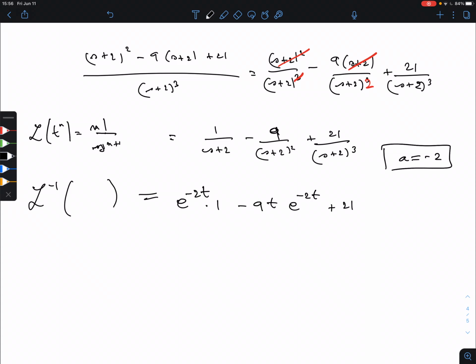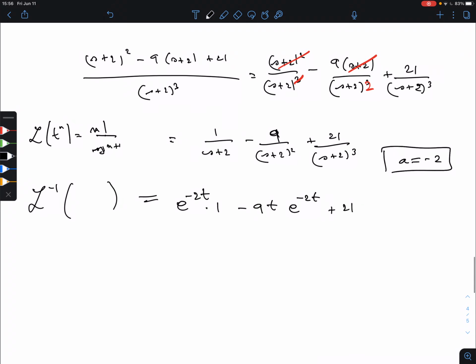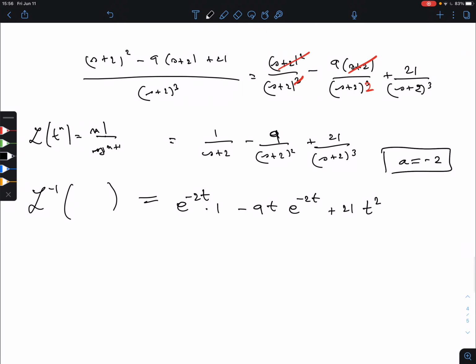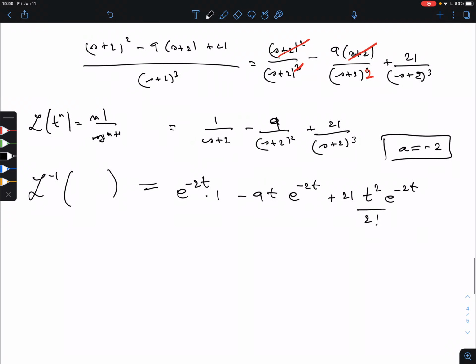Now we have to be careful here, because it's a cube. Let me write down what we're expecting. We're expecting this to be t squared e to the minus 2t, but there's a factorial, so we have to divide by that factorial. So the Laplace transform of t squared is 2 factorial over s cubed, which is just 2 over s cubed.